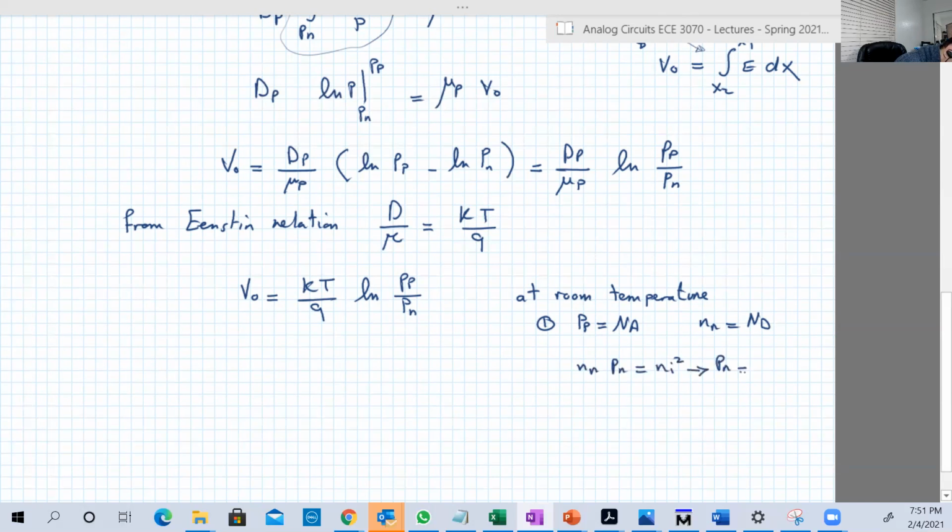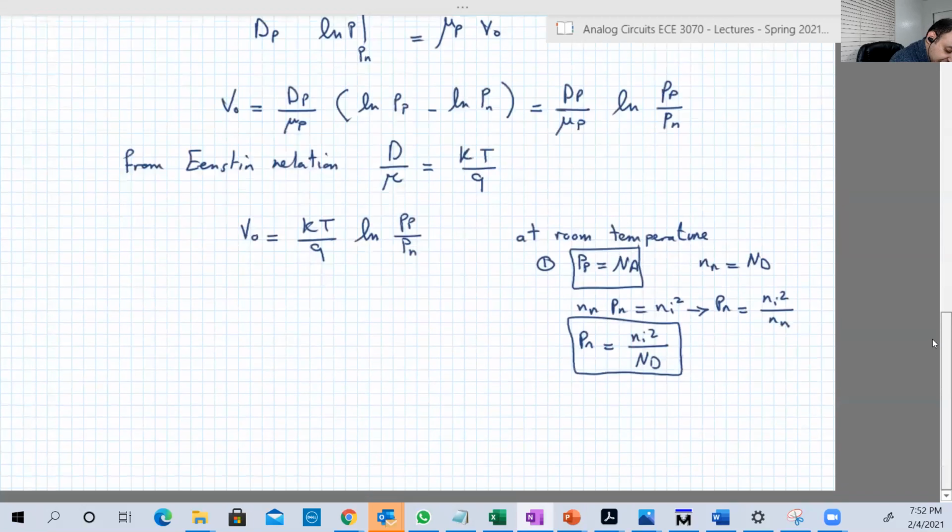So Pn is equal to ni square over Nn. So Pn equals ni square over ND. Put a square around this and around this. So this is the first fact.